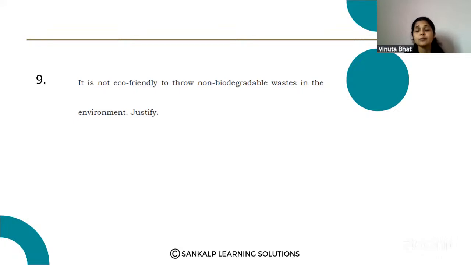If you throw biodegradable substances, after some time they are not seen in that place, because they are mixed with the soil with the help of bacteria and some fungi. But non-biodegradable waste remains in that place only, and it may cause pollution, soil pollution, and also some diseases to the organisms.